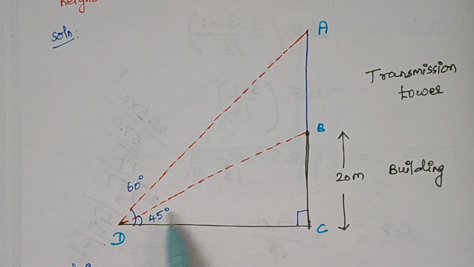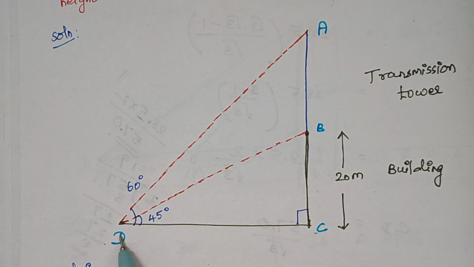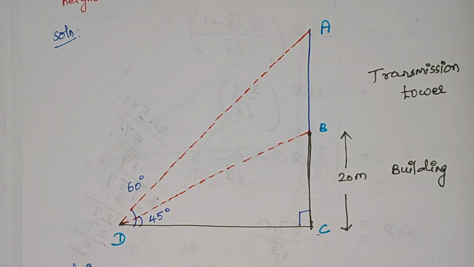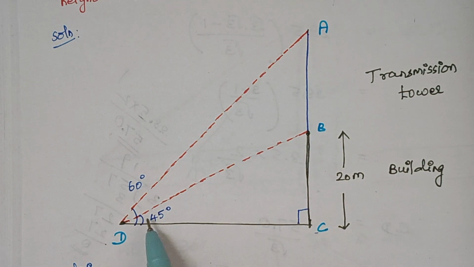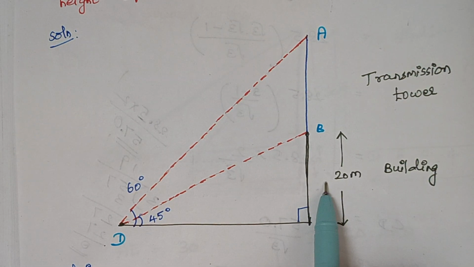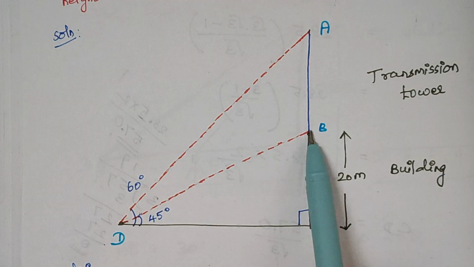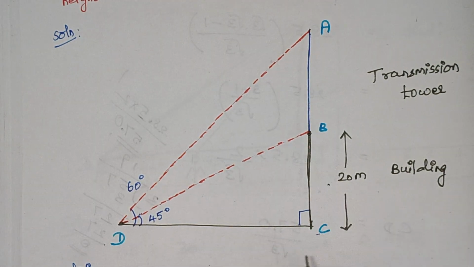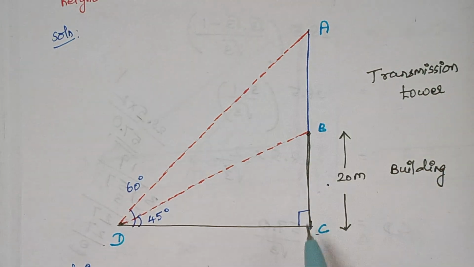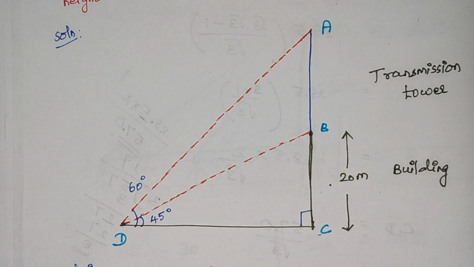So first consider this triangle, right? Consider the triangle BCD. In this triangle BCD, we know the angle and we know the value of the opposite side, right? So the main thing is, for these two triangles, the triangle BCD and the triangle ACD, this side CD is common, right?